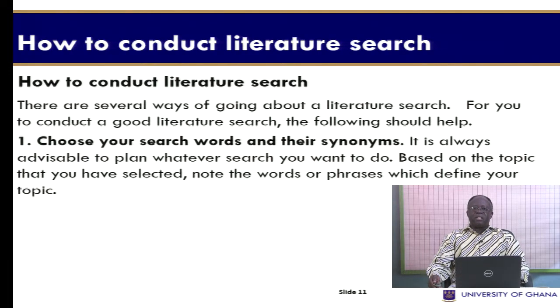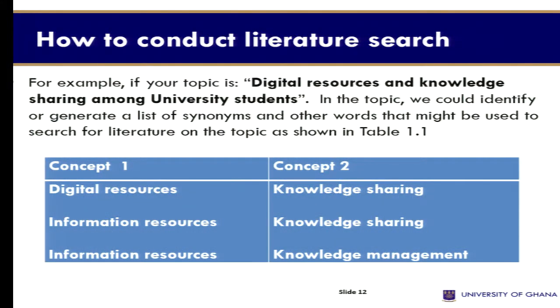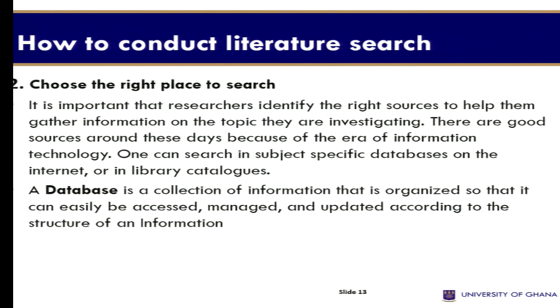These are the key words that will lead you to identify the literature suitable for your research. Examples are what you have seen. If your topic is on digital sources and knowledge sharing among university students, the keywords you may find are digital sources, information sources, knowledge sharing, etc.